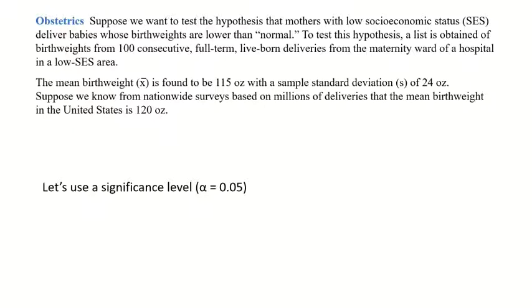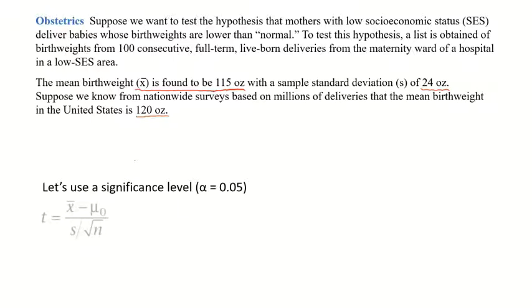To test this hypothesis, we obtained 100 samples from a hospital in the low socioeconomic status area. We found that the mean birth weight in our sample is 115 ounces with a standard deviation of 24 ounces. And we know from the general population that the mean birth weight is 120 ounces.